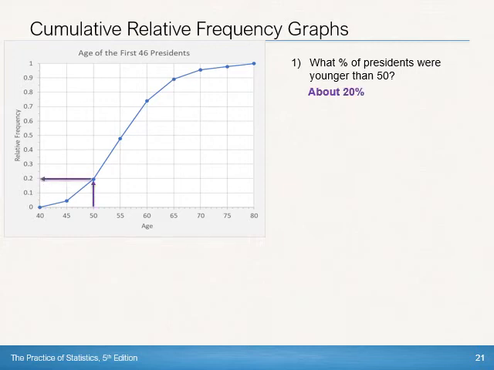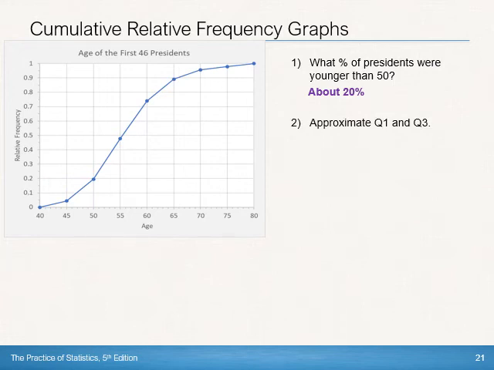Okay, so you can see we start at the bottom, go up from 50, hit the graph, go over and read that, and it's about 20%. In reality, the data from our table would tell us it's 19.6. So, I mean, that happens to be an exact value because that is one of the endpoints of one of our classes, but about 20% there.